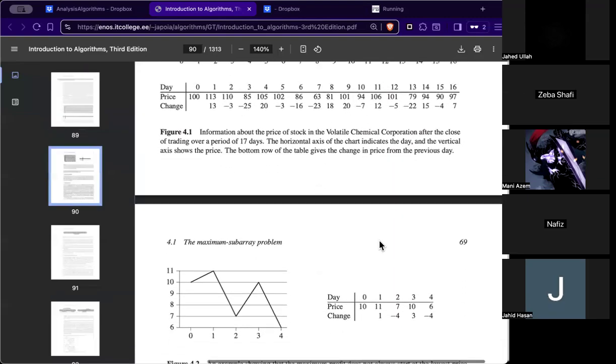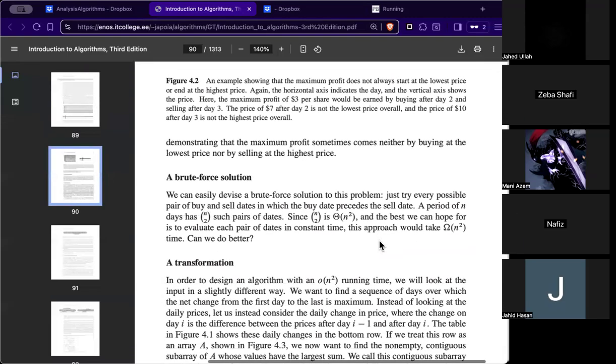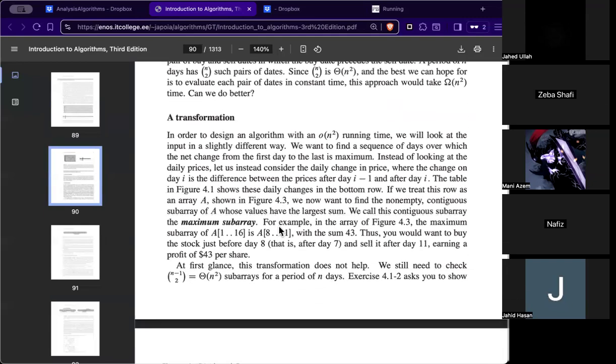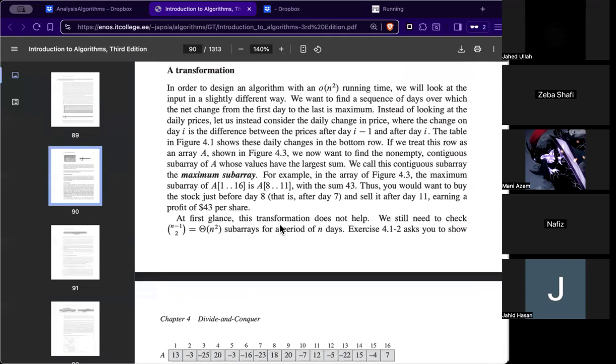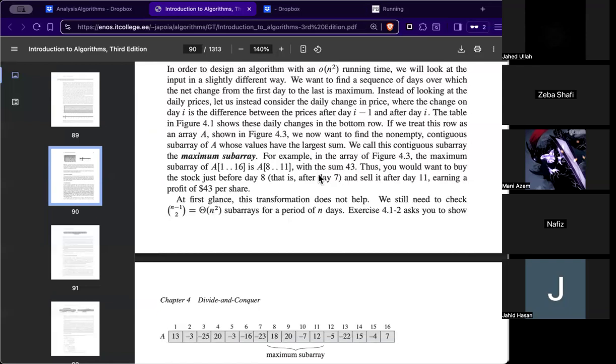If we take a look again, here in the book, they're telling you the following about the sum 43. For example, in the array of figure 4.3, the maximum subarray of A going from 1 to 16 is A going from 8 to 11.